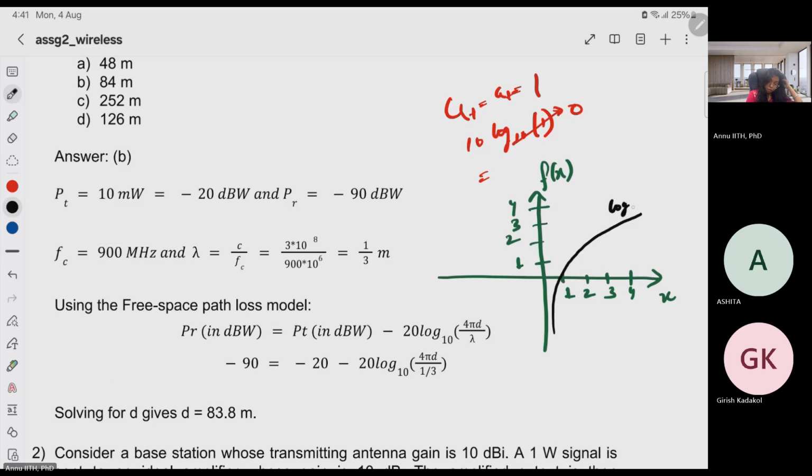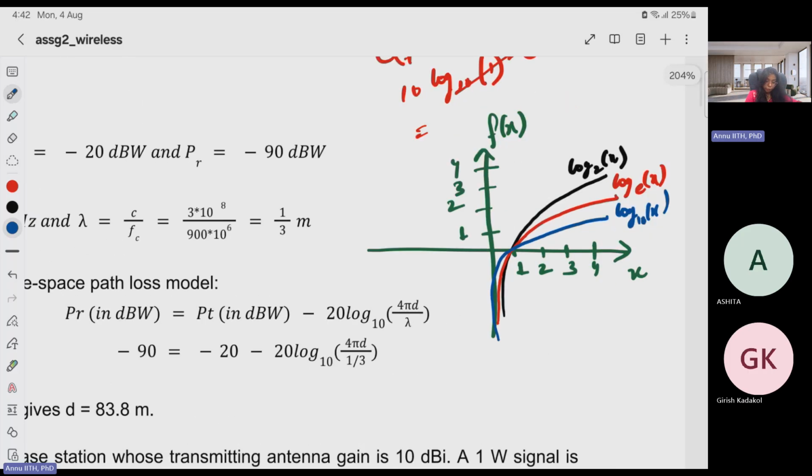Now log base 2 of x, log base e of x, log base 10 of x. Okay, this is what the log functions look like. As you are increasing the base, the curve is becoming flatter.